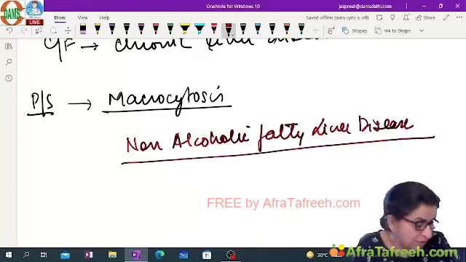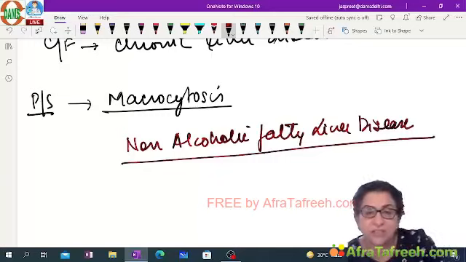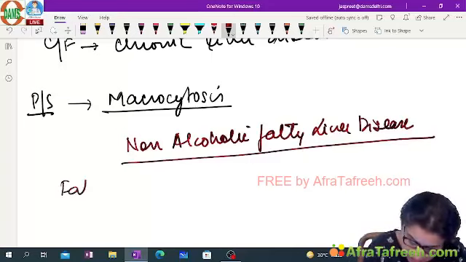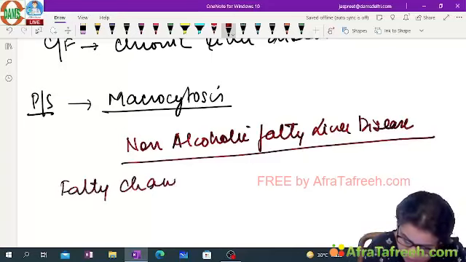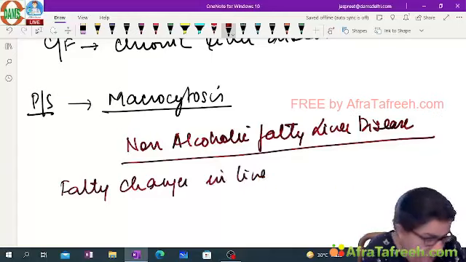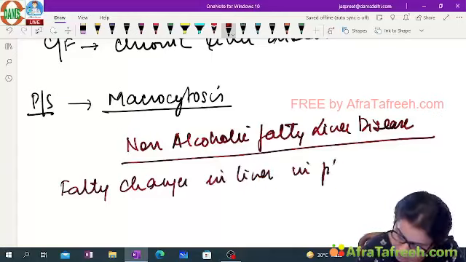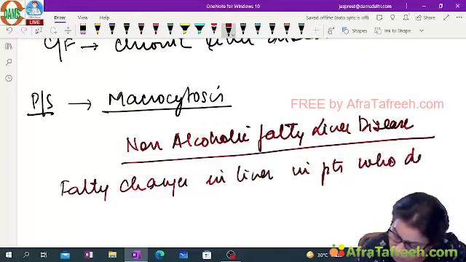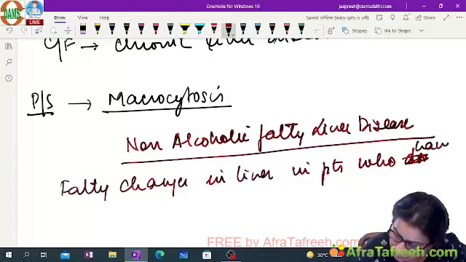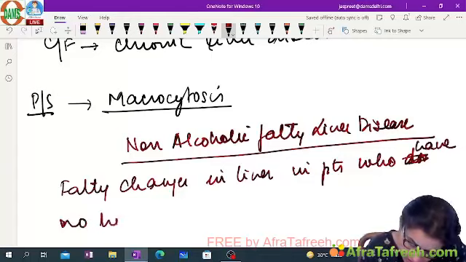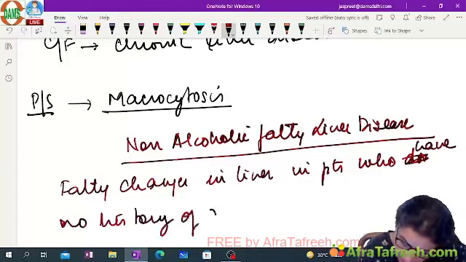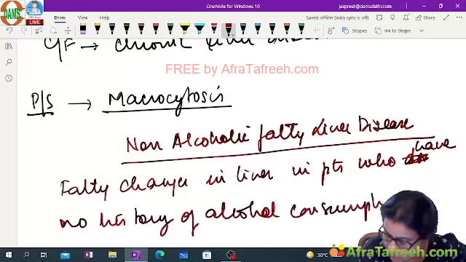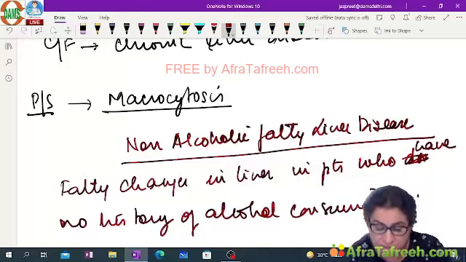Non-alcoholic fatty liver disease is fatty changes in the liver in patients who have no history of alcohol consumption. They don't consume alcohol, still they are having fatty changes in the liver.